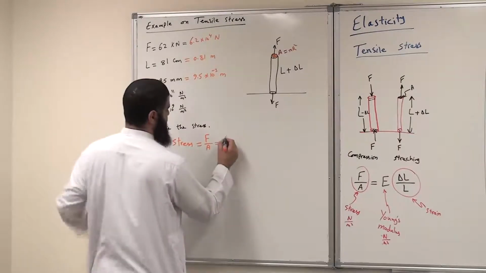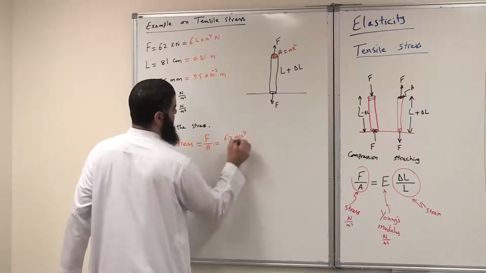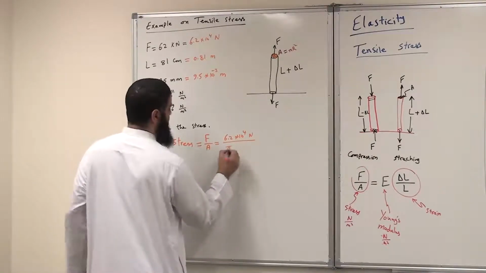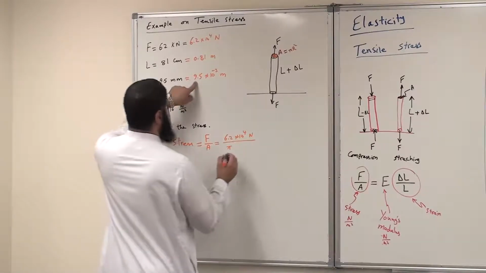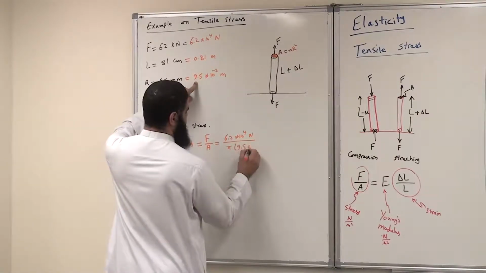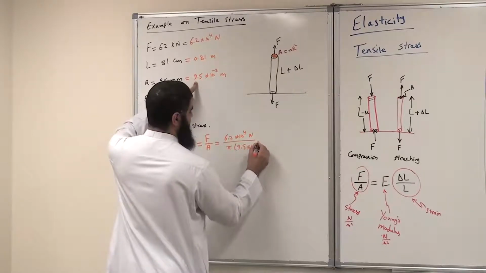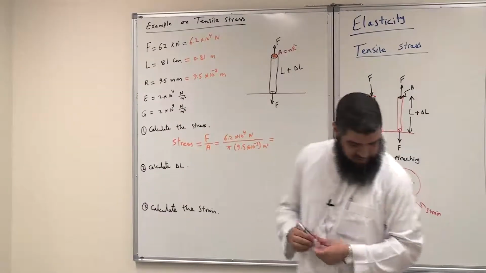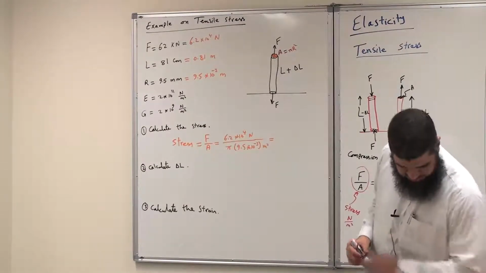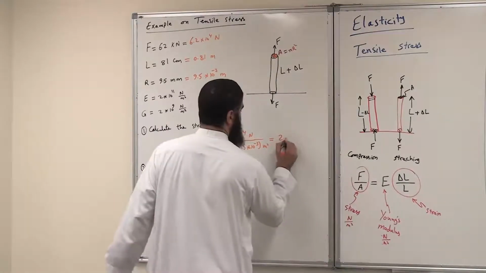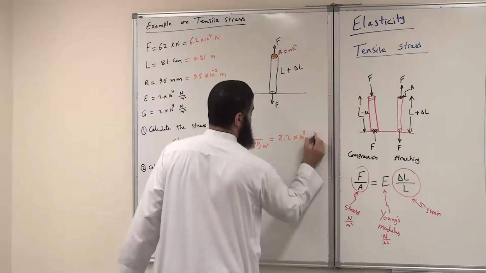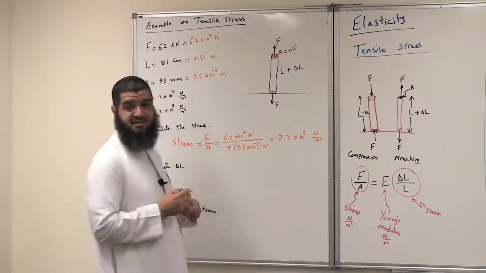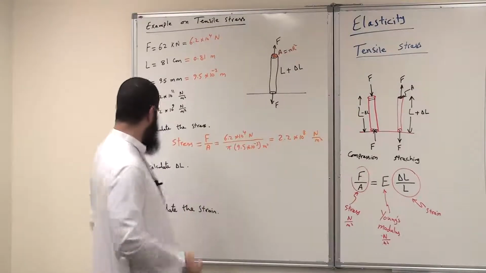The force is 6.2 times 10 to the power 4 newtons, divided by the area, which is pi r square, and the r is 9.5 times 10 to the minus 3, and the unit here is meter square. If we make this calculation, we'll find that this is 2.2 times 10 to the power 8 Newton per meter square, and this is the stress on our steel rod.